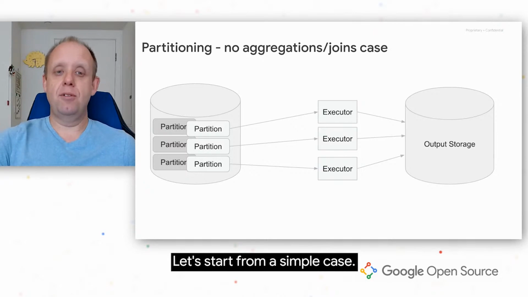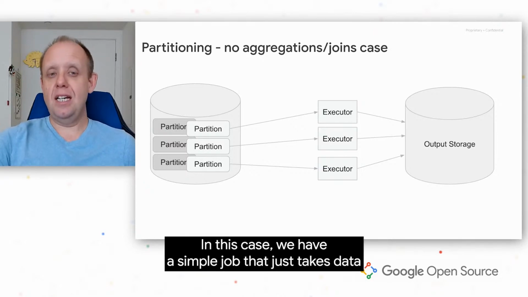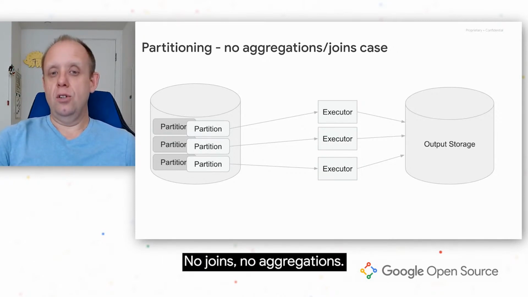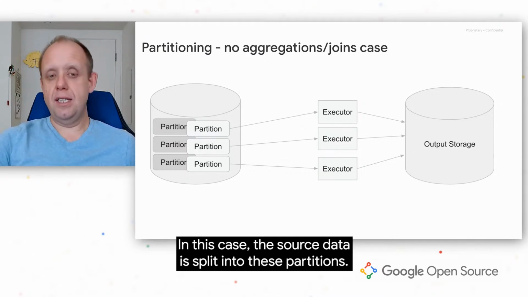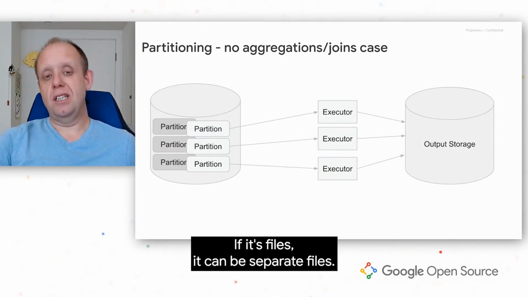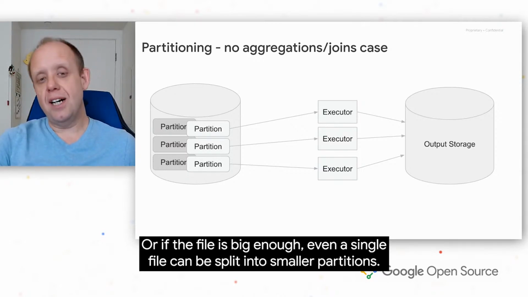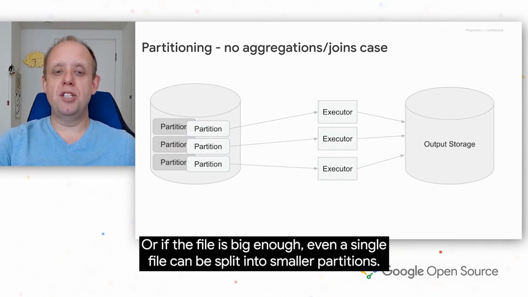Let's start from a simple case. In this case, we have a simple job that just takes data and does some transformations. No joins, no aggregations. In this case, the source data is split into partitions. Like if it's files, it can be separate files, or if a file is big enough, even a single file can be split into smaller partitions.